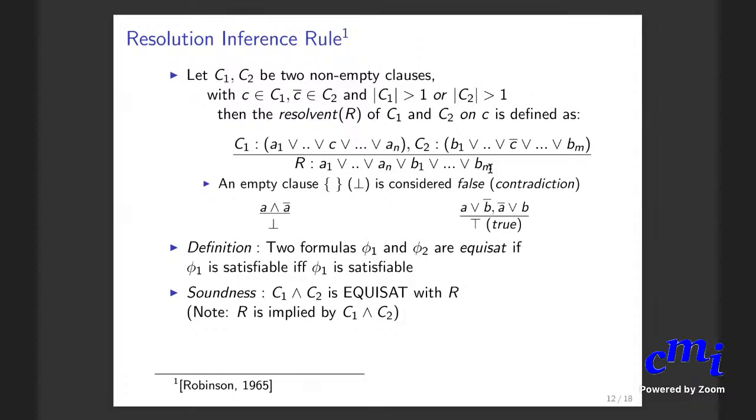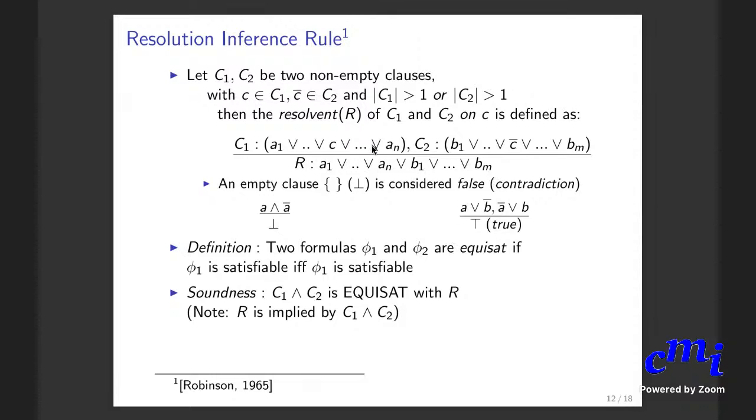In which case the resolvent will be true as well, correct? Because the moment you satisfy C1 by picking C to be true, you have to have one of the B's true, and R will be satisfied as well.